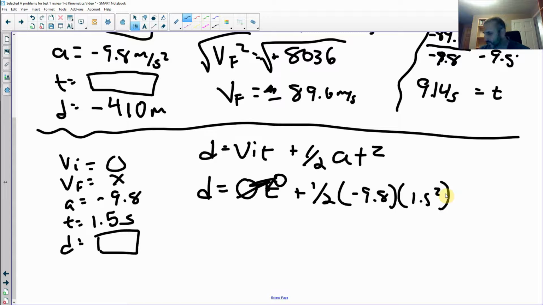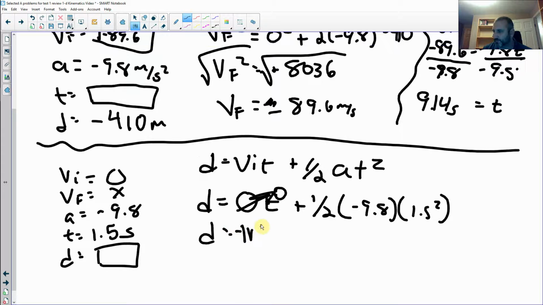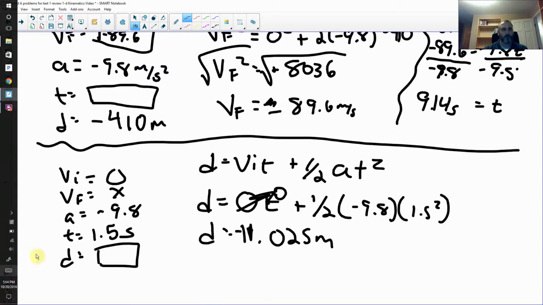So then we just do a little calculation here. That should give us a D of negative 11.025 meters, which means that hammer dropped just over 11 meters down. So there you go. Hope that helped.